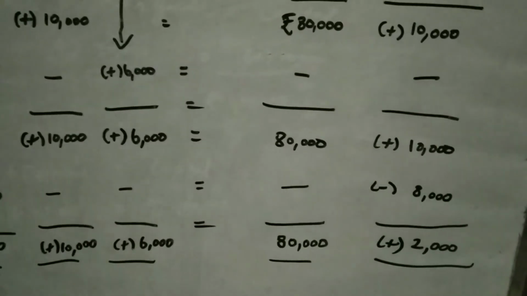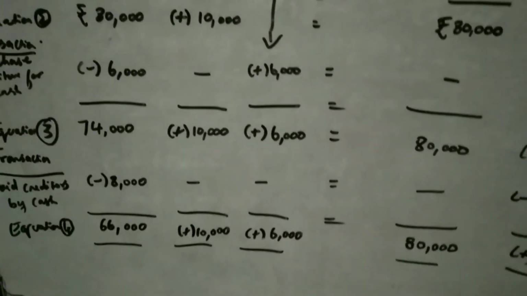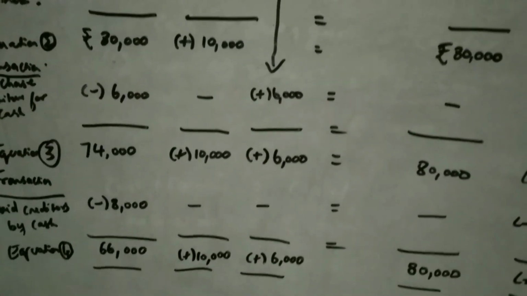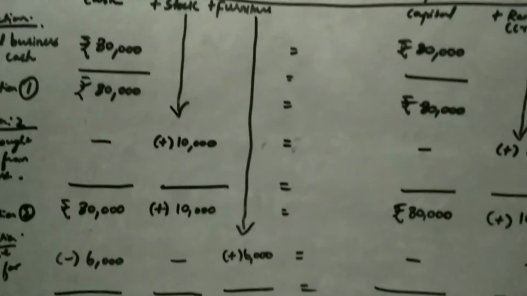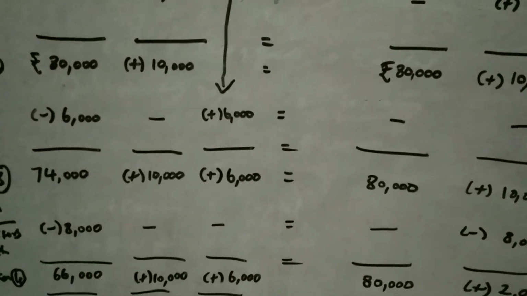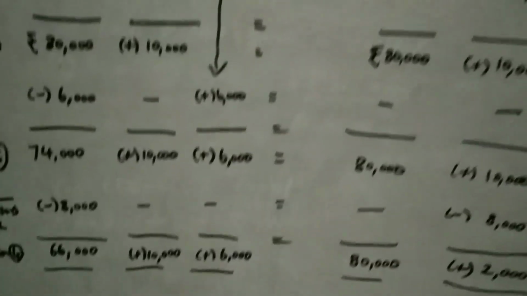On the asset side, we have cash 66,000 plus 10,000 worth of stock, 76,000, and 6,000 worth of furniture, 82,000. On the right hand side, 80,000 capital and 2,000 creditors, 82,000. So both sides we are getting 82,000.